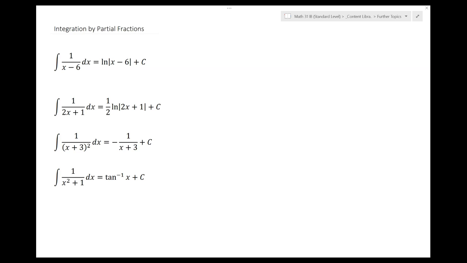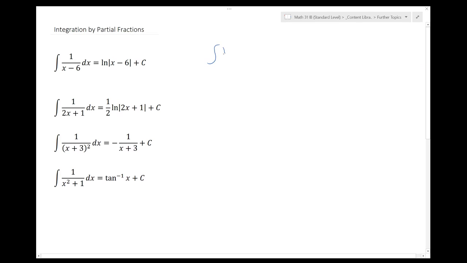Starting with 1 over some linear binomial with coefficient of 1. This is basically looking at 1 over x dx, and the antiderivative of this is just ln of the absolute value of x plus some constant.